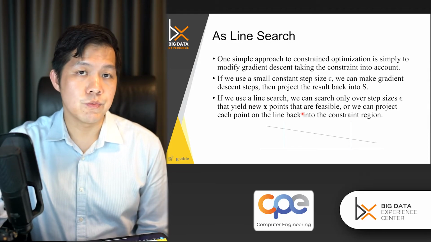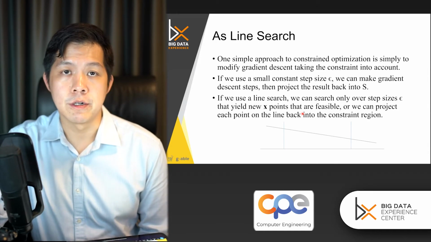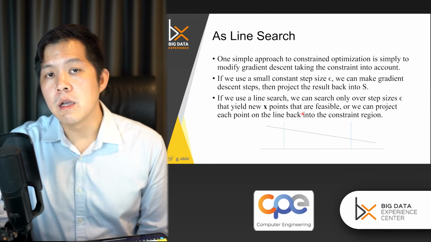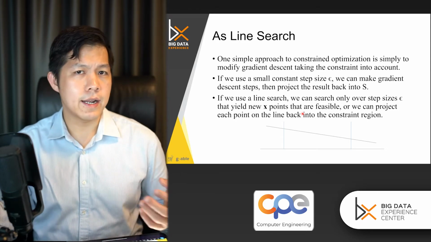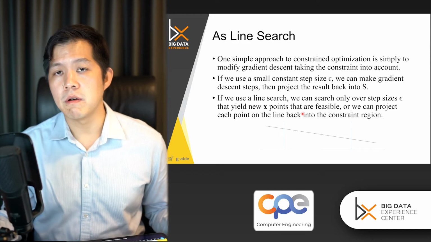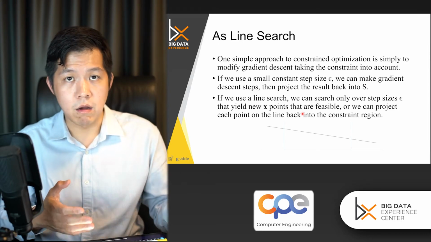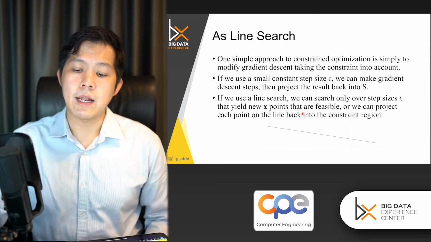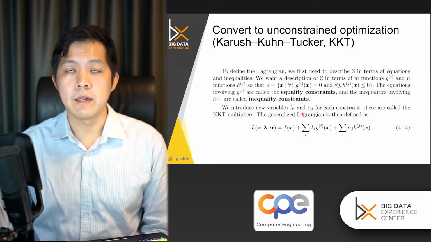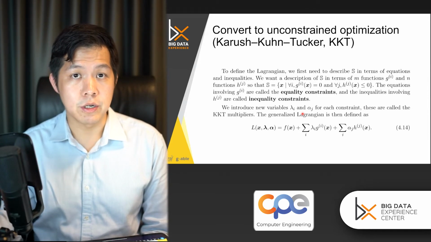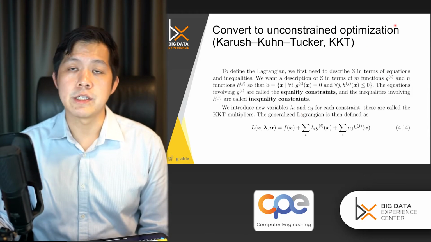In some cases we do not have an explicit region, we just have a certain expression that we want to convey, like we want the parameters to be small values, and that is hard to define as the feasible level of the solution. Like, well, what does it mean by small, right? In that case, we need to convert the description in the constraint base into an unconstrained optimization.